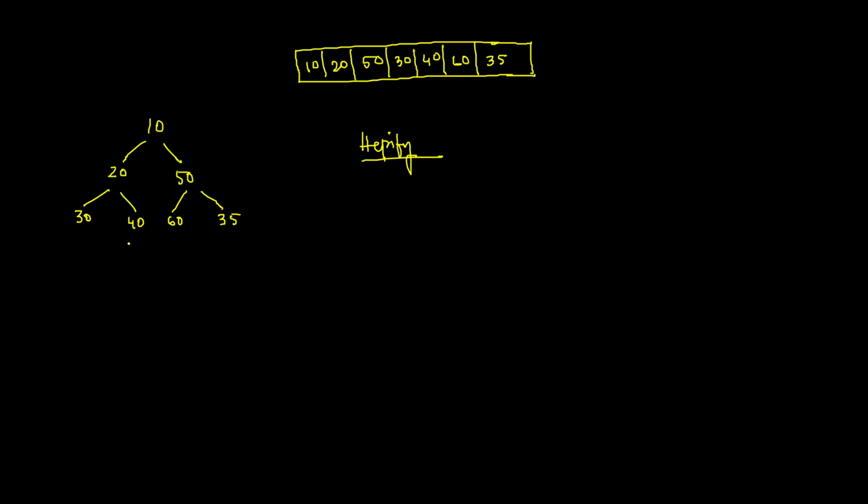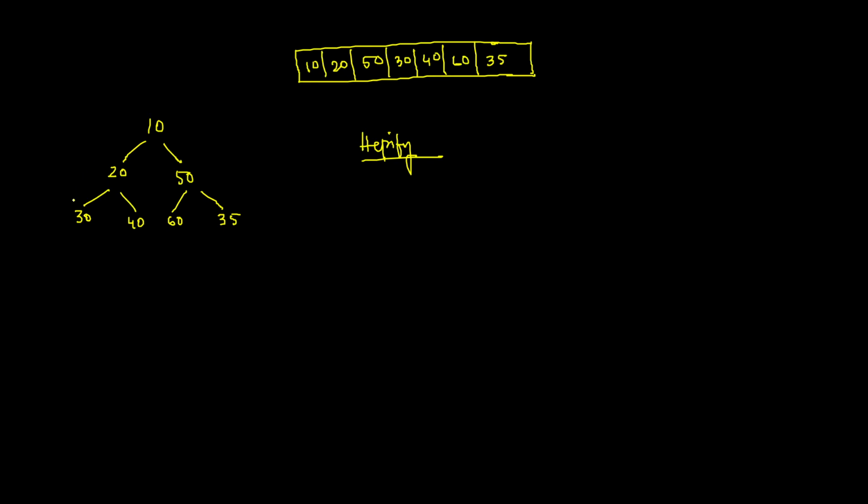If I want to create the max heap for the subtree only, then one of these children has to take the place of this 20 and 20 should come over there. And who will come? We have to check between 30 and 40. Whoever is greater should be on the parent. So at least in this particular part I should have a swap between 20 and 40. Then only I can say that this particular subtree is part of the max heap.